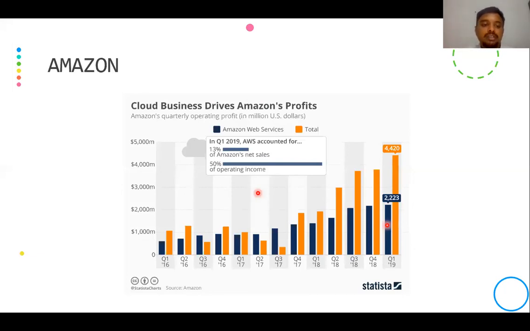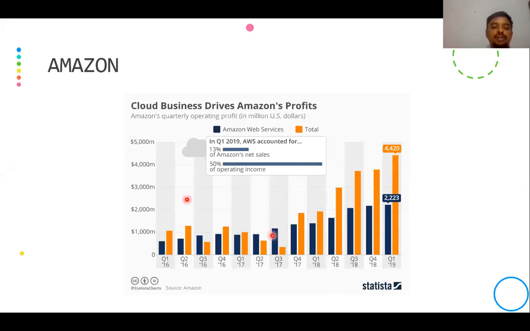You can see this is the data between 2016 and 2019. For the first 6 quarters, Amazon Web Services had more profits than the total business. That means it was not only making profits, it was making up for the losses in the e-commerce and the other investments.